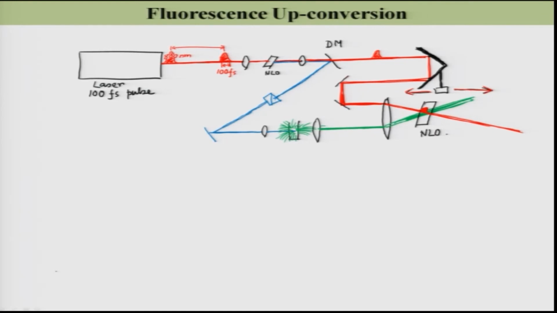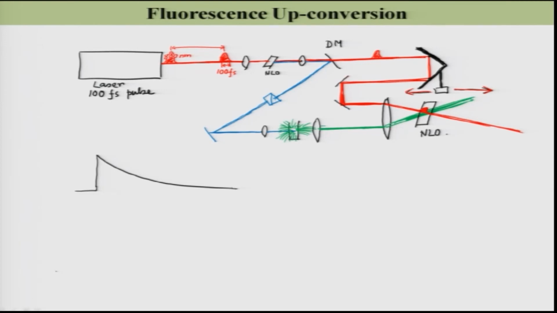Now, let me draw this fluorescence intensity decay of the sample and this pulse in this diagram below. Suppose this is your fluorescence intensity decay, and this is the position.